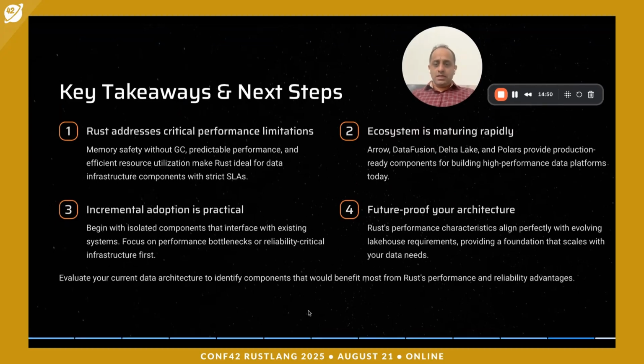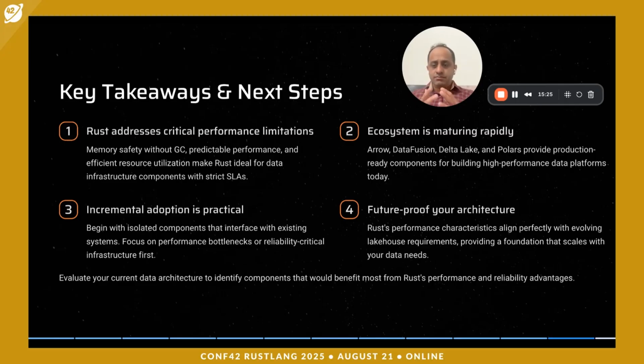Rust addresses critical performance limitations. Just to recap, we saw it does not need garbage collection, predictable performance, and efficient resource utilization makes Rust ideal for data infrastructure. The Rust ecosystem is maturing rapidly with Arrow, DataFusion, Delta Lake, and Polars libraries and Rust-based implementation. The whole landscape is production ready and evolving rapidly for high-performing data platforms.